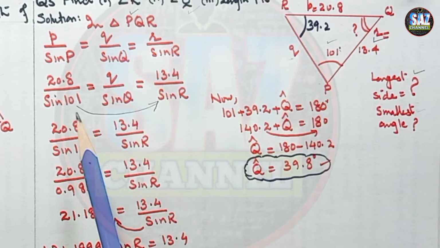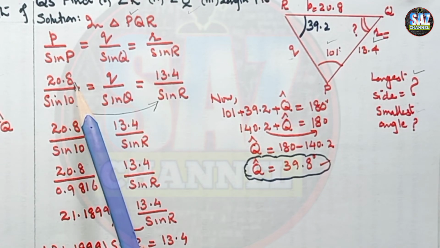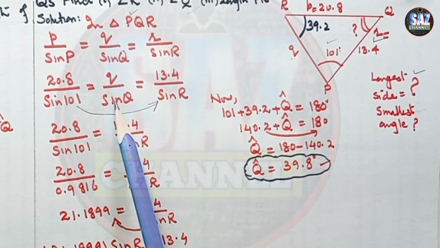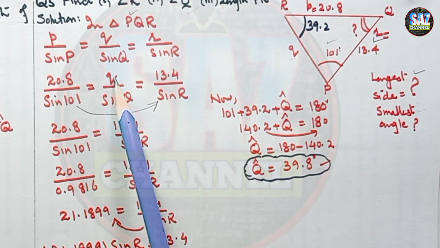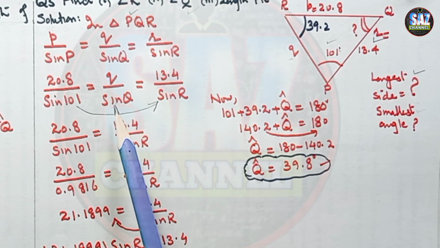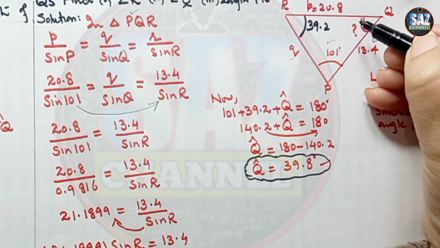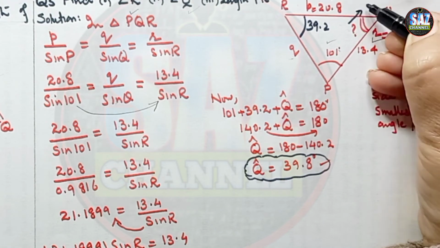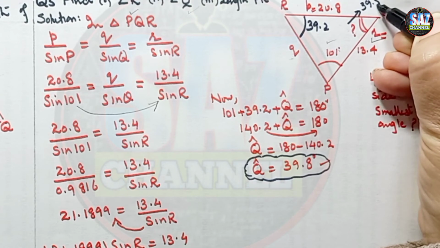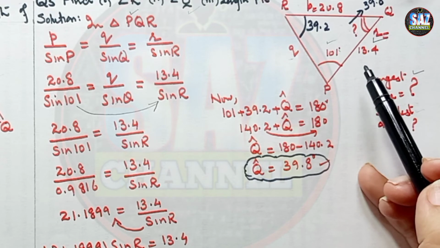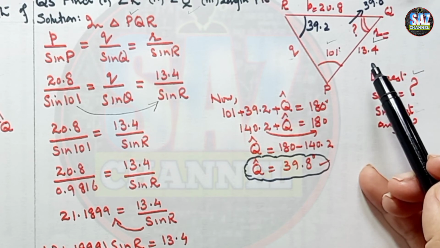The basic equation was 20.8 upon sine 101 equals q upon sine Q. In the beginning, we did not take this relationship because both the values were unknown, but now we have the value of angle Q. Let me write down the value of angle Q in the diagram, 39.8 degrees, and this angle is close to 39.2, so the length will be close to 13.4.